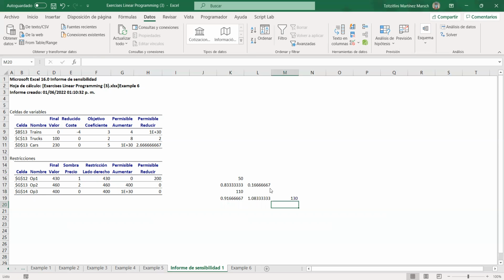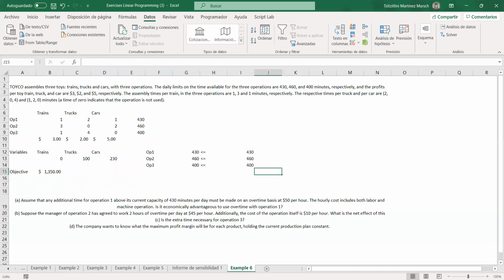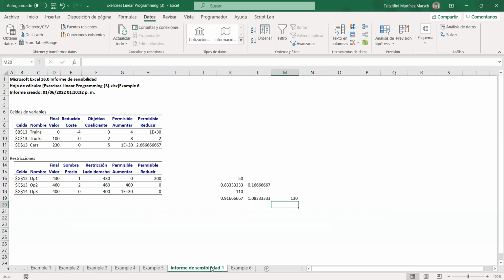Okay. And the next one says, is extra time necessary for operation 3? So operation 3 tells me that it doesn't matter how much I go up, I can go up to infinity, it's not going to give me anything. Why is it not going to give me anything?